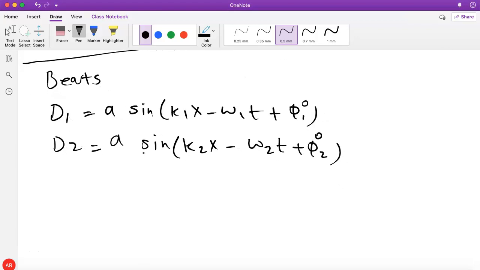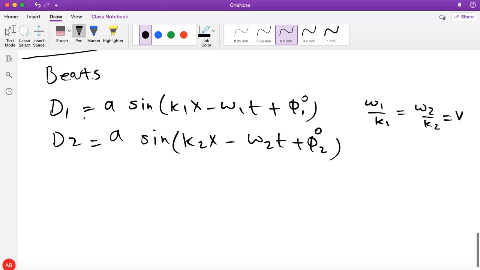And as we said, because they're propagating in the same medium, these are not entirely independent, so we must have omega 1 over k1 equal to omega 2 over k2, equal to the speed of propagation. So these are two sine waves going from left to right, and they're general, except we assume the same amplitude for simplicity.